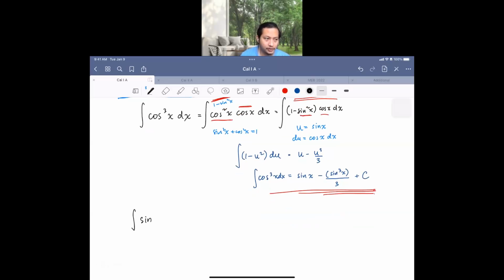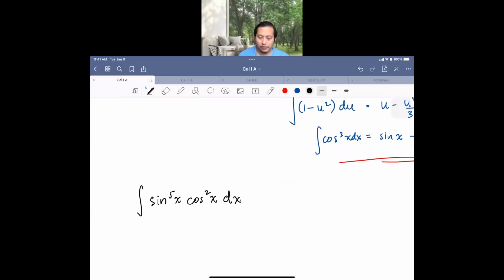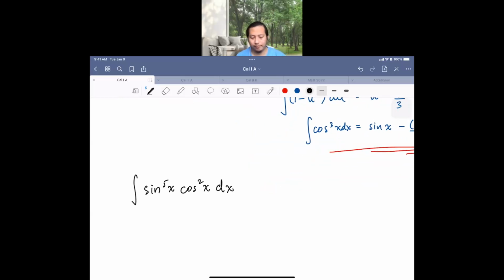We have sine to the power 5 of x, and then cos squared x dx. Okay, what can we do with this equation? We have sine with power of 5, and we have cosine squared.